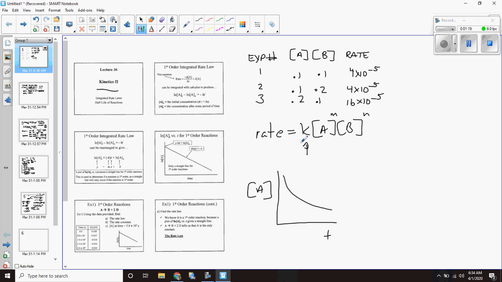So once you figure out what the rate law expression is, you can integrate the rate law. The integration requires the use of calc, and by no means do we expect you to know how to do the calc. If you integrate the rate law, you can get an expression that allows you to calculate the concentration as a function of time, right?